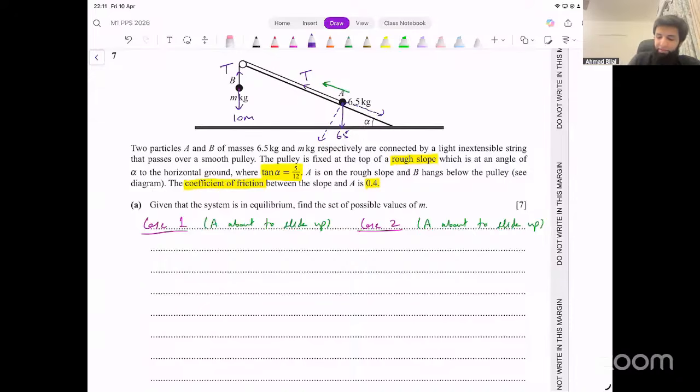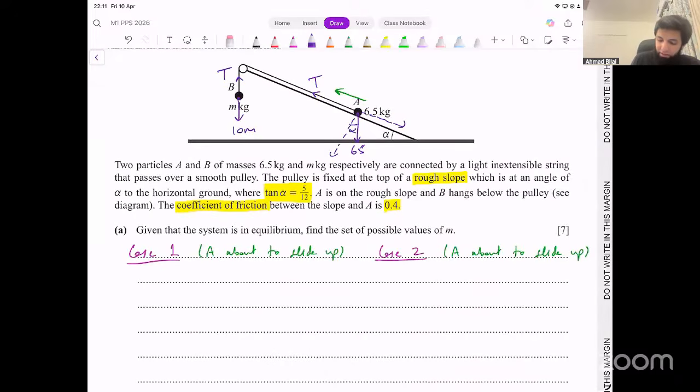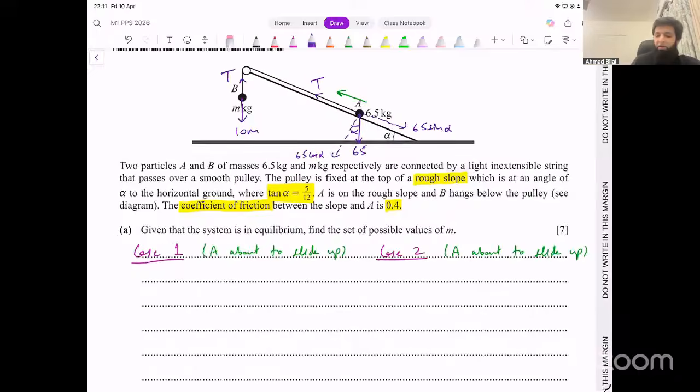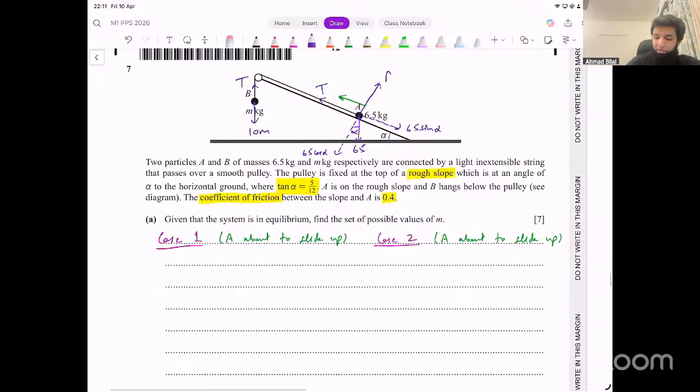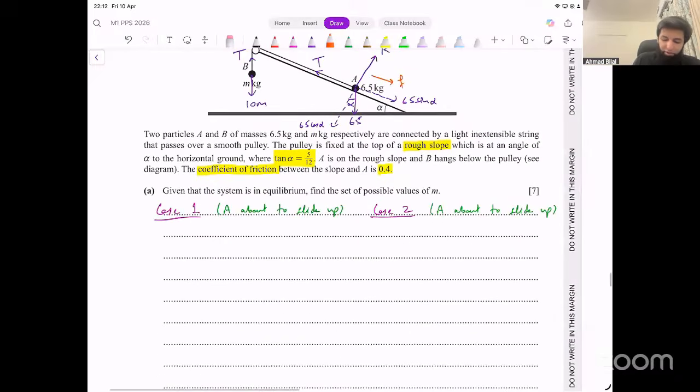If this angle is alpha, then this angle is also alpha. This component is 65 cos alpha and the other component is going to be 65 sine alpha. There's going to be normal reaction in this direction. And if A is just about to move up the slope, then where does friction act? Friction acts down the slope. So if A is about to slide up, friction is going to oppose that and act in this direction.